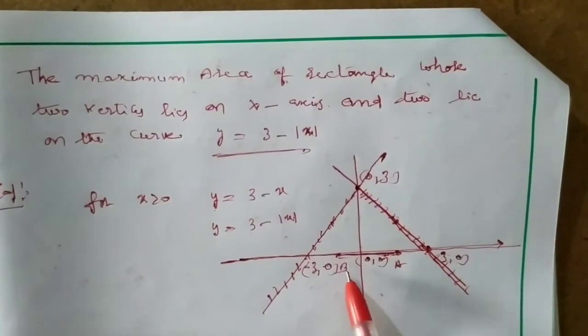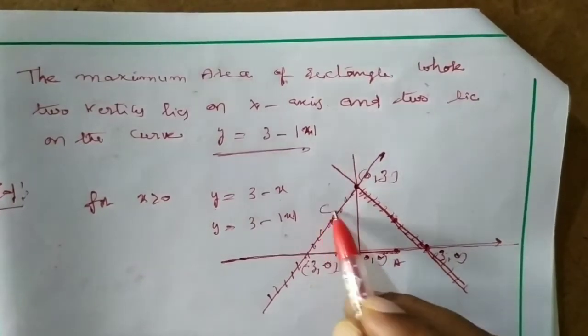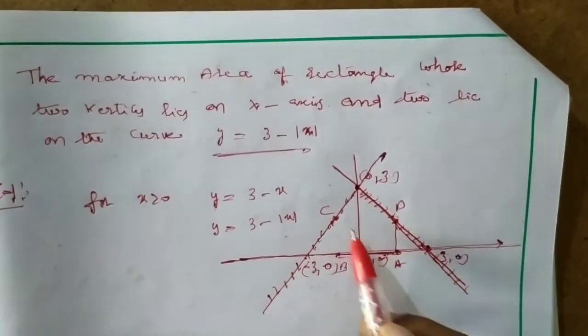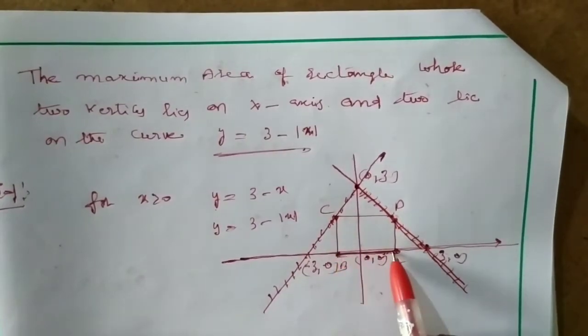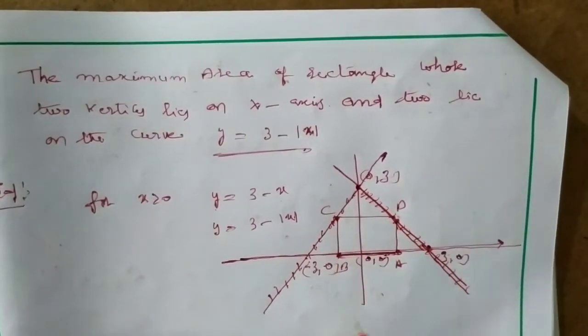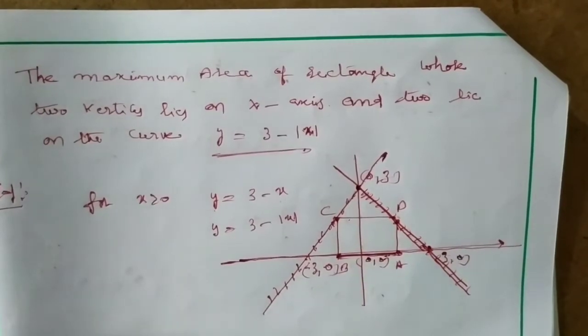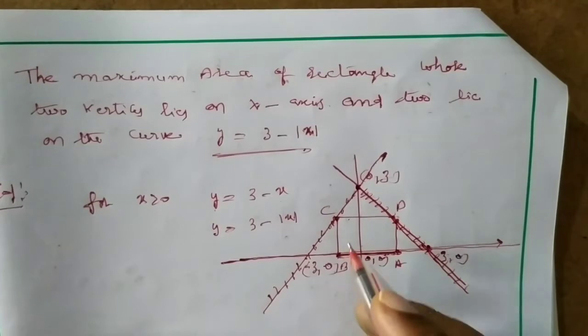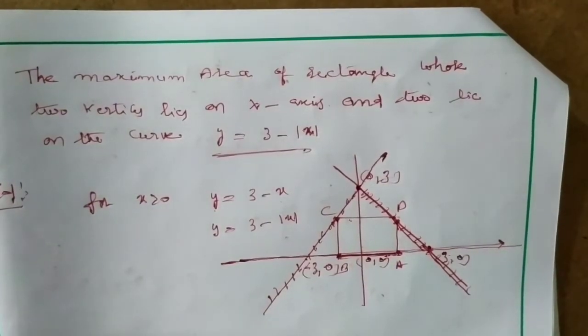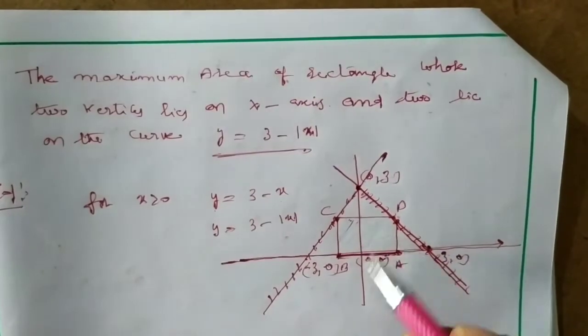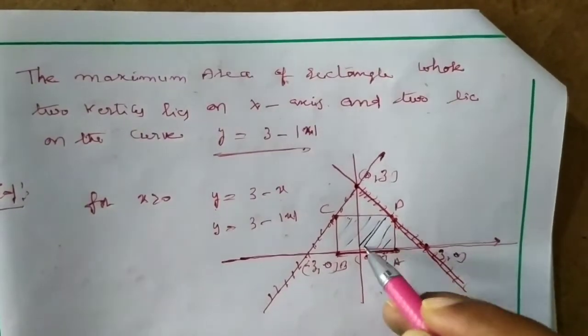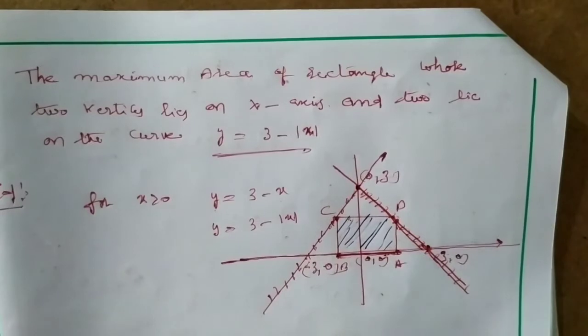So ABCD, this is C, this is D, so that there is a rectangle in this way. We need to find this rectangle's area, this shaded portion.